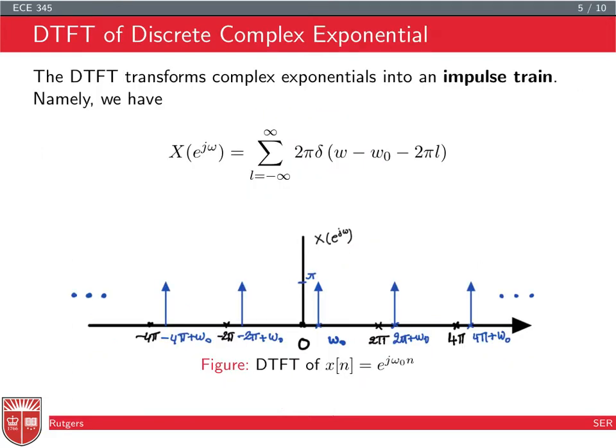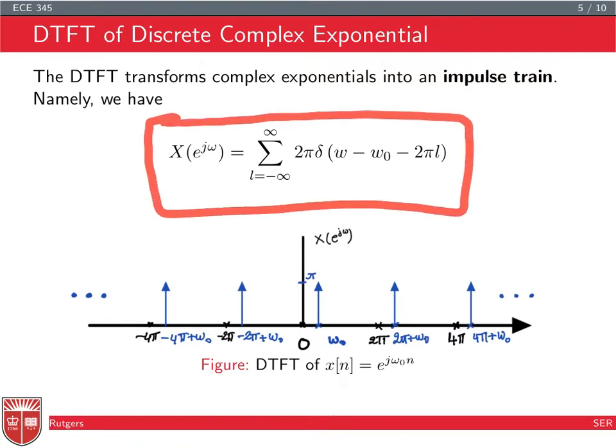So here I have again the result that I mentioned, which is the DTFT of a complex exponential. Now, if you want to write it in a formula, you will get the following formula for the DTFT of an impulse at ω equal ω0. You can see here that you have a train of impulses that are spaced by multiples of 2π.